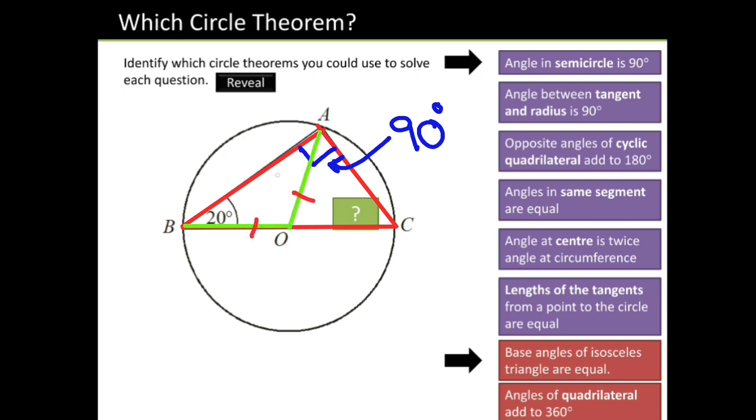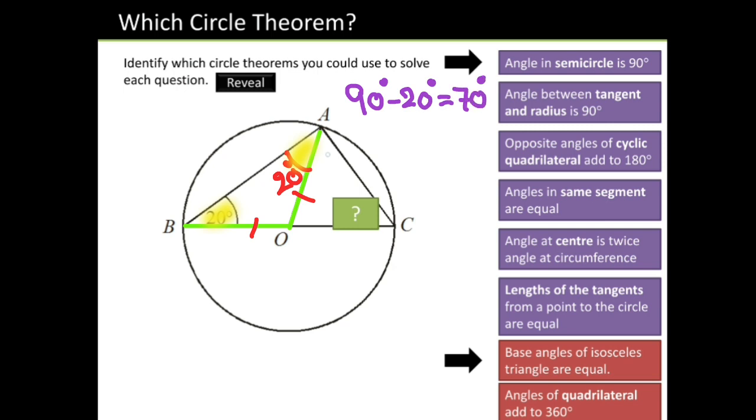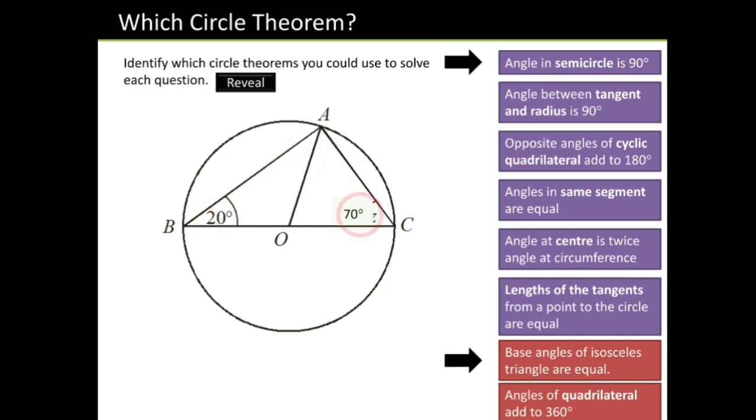So angle OBA is equal to OAB. Both of them are 20 degrees. So what remains here is 70 degrees. And because OA and OC are radii, angle OCA is equal to angle OAC in this isosceles triangle, so this will also be 70 degrees.